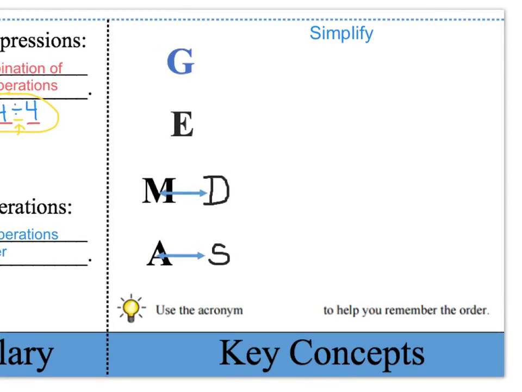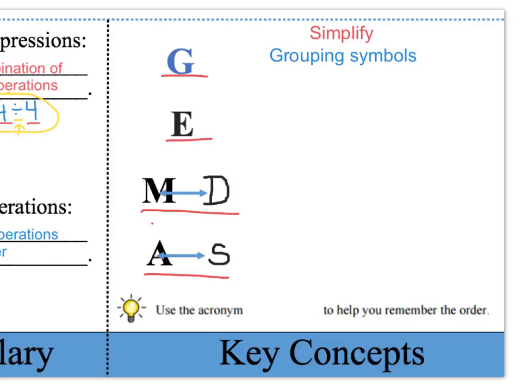So the overall goal is to simplify numerical expressions. And in order to do that, we have to use the order of operations. So the order of operation tells us to do it in a specific order. So let's use this acronym GEMDAS to help us solve these problems using the order of operation.